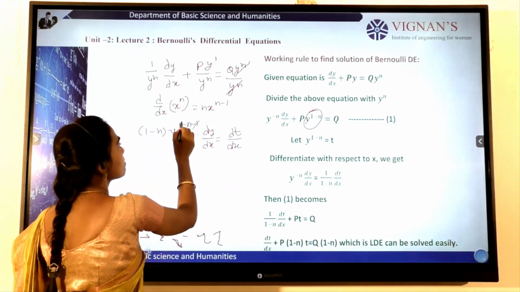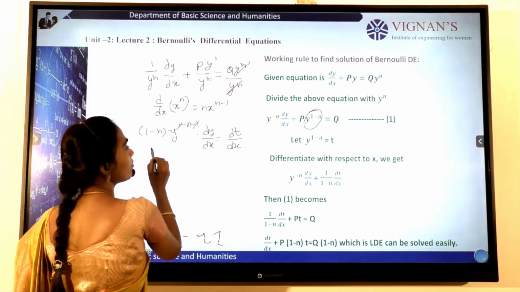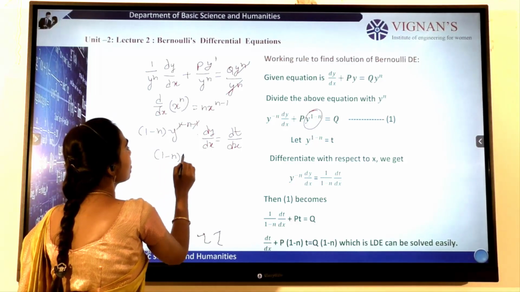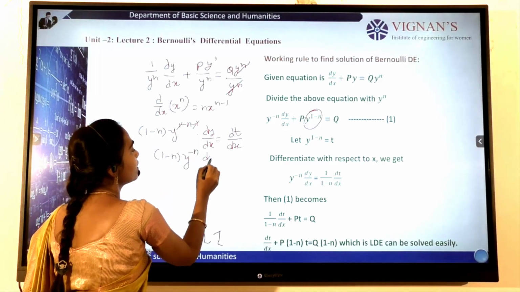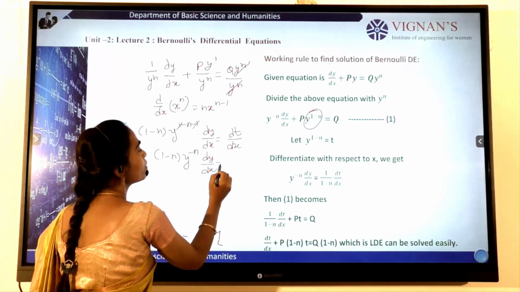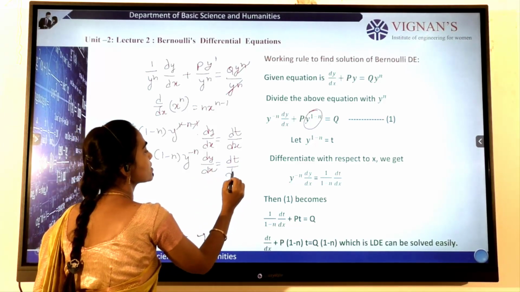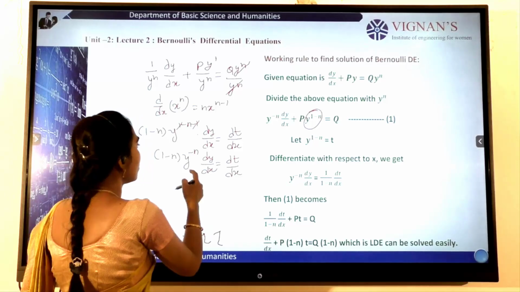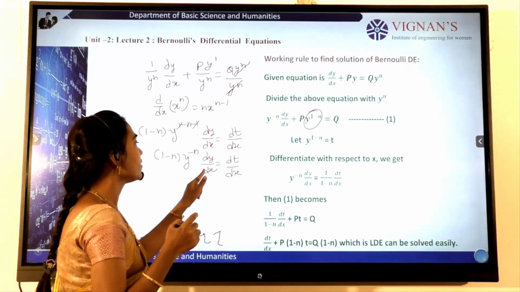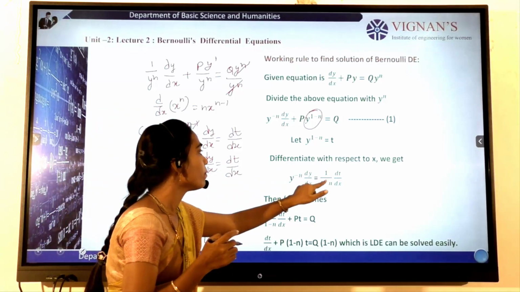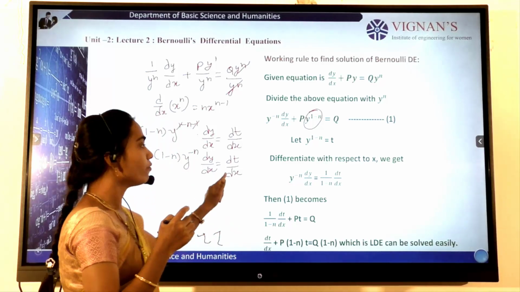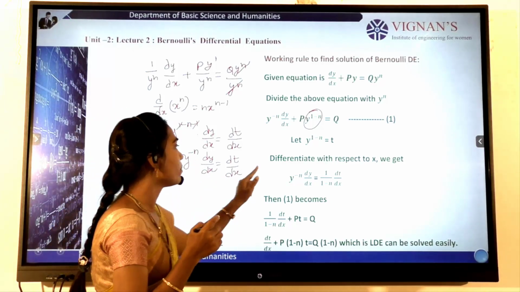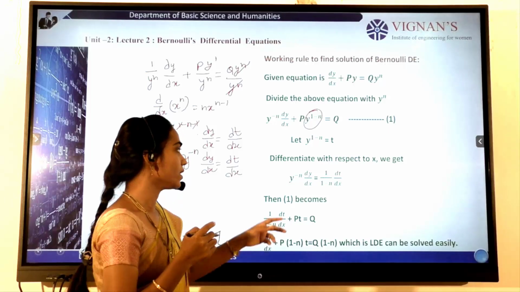So, minus 1 plus 1 cancel. So, we have here 1 minus n y power minus n dy by dx is equal to dt by dx. After this, y power minus n dy by dx becomes, when it comes to the right hand side, 1 by 1 minus n dt by dx.